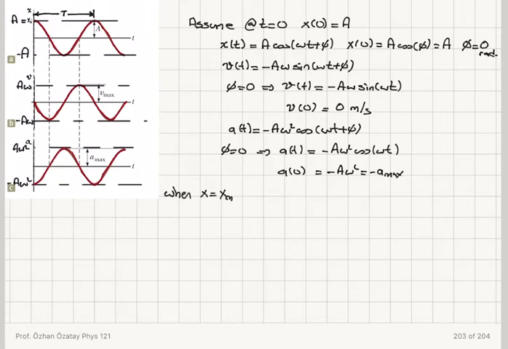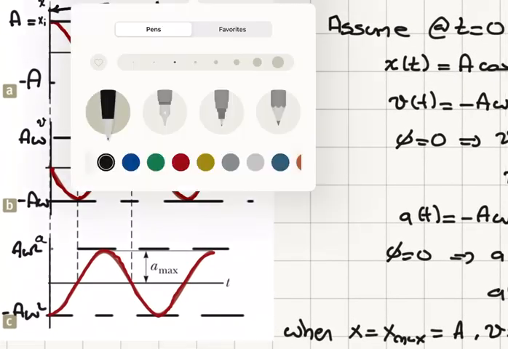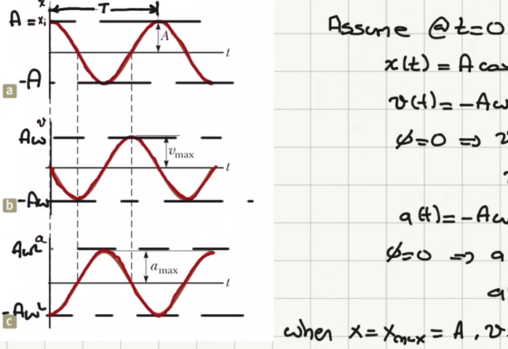Now, what I would like you to observe here is that when x is equal to x max, the amplitude, the corresponding value of velocity is 0. The corresponding value of acceleration is minus a max.